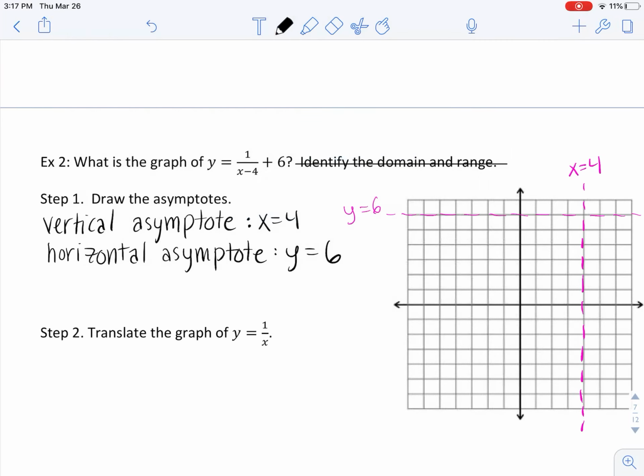The first way is to actually use the translation of it. So if you remember, this minus 4 right here actually means we're going to move our parent function to the right 4 units. And the plus 6 is a shift up 6 units.